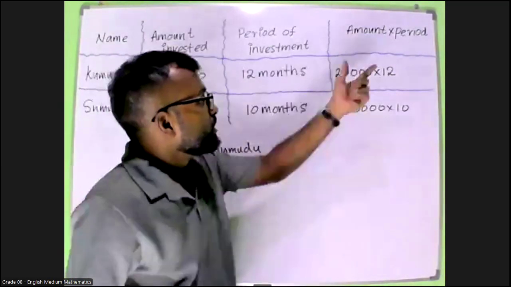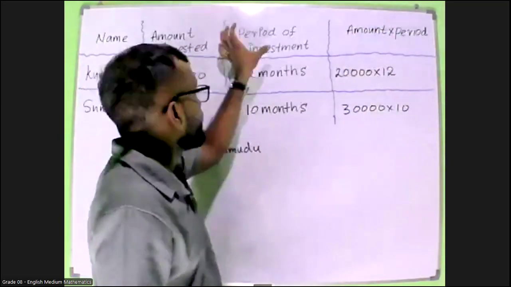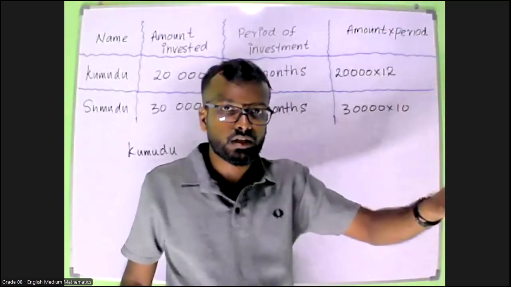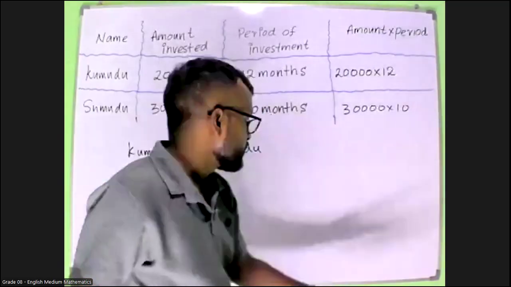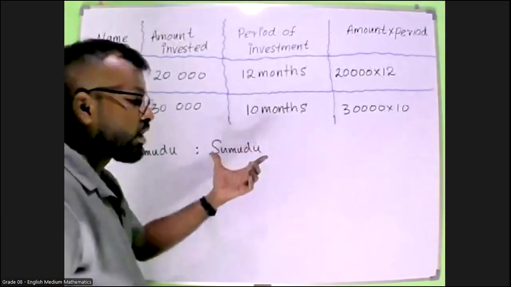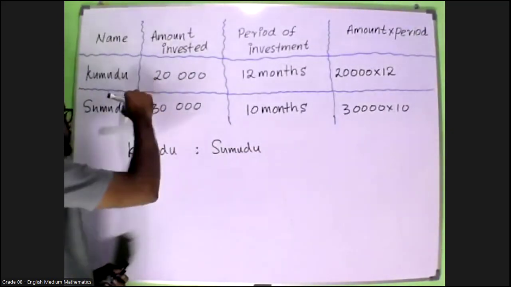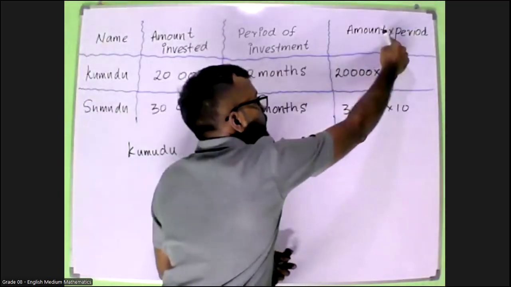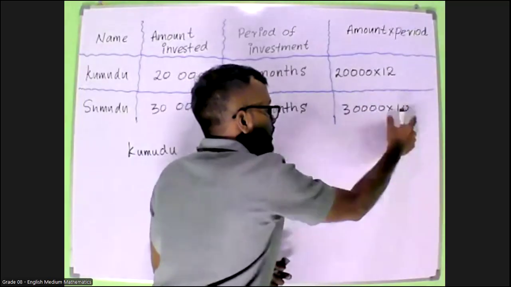When we have these kinds of questions, when you have amount and period, and you are sharing a profit, you are going to find the ratio like this. Now look at the board. Kumudu to Sumudu, amount multiplied by period.